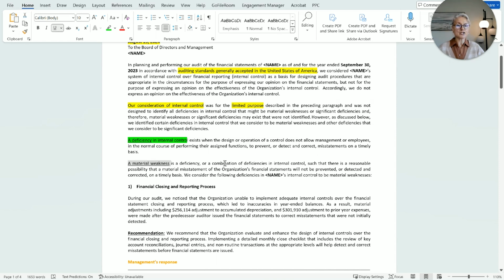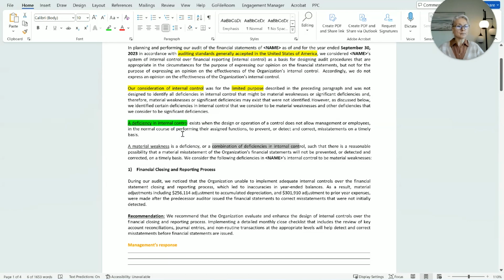A material weakness is a combination of deficiencies in internal control that is material enough that if it happened, financial statements will be materially misstated. Material errors. Meaning if anybody relies on a report that has material weaknesses, they might rely on incorrect material numbers. So as auditors, we use these three gradations: deficiency, significant deficiency, and material weakness.